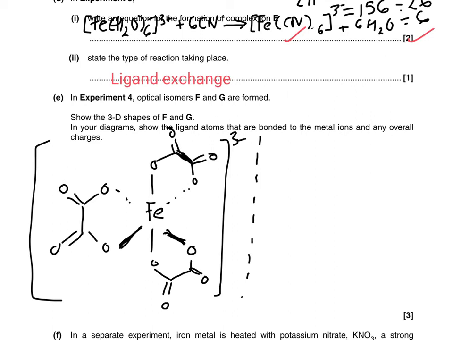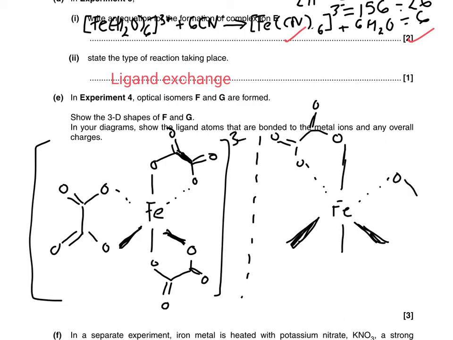So this is one of our optical isomers. The other one should be a mirror image. So I start off in exactly the same way. Start from the middle and work out, but this time I'm making sure that it's a mirror image of this. Obviously you can be a little bit neater.